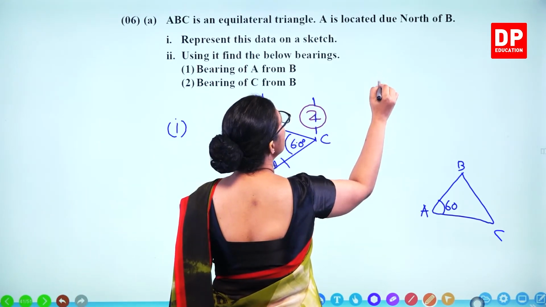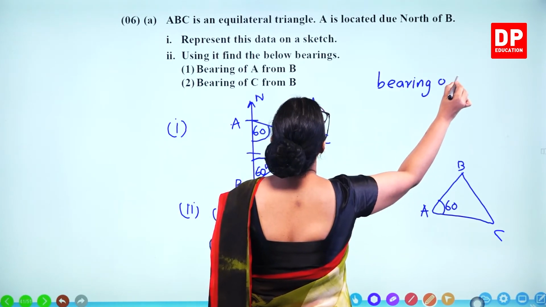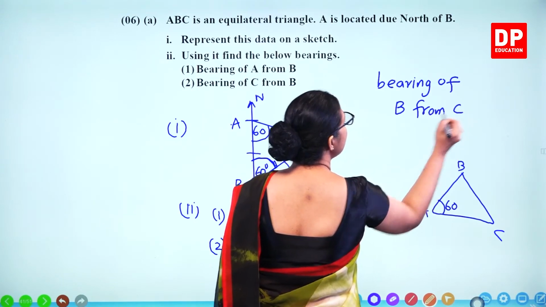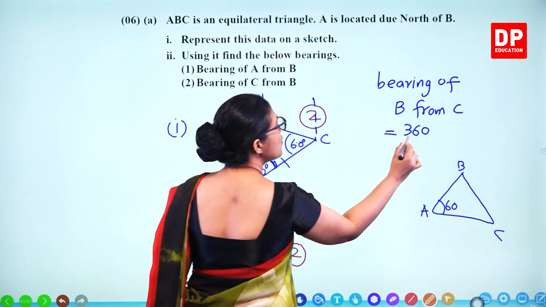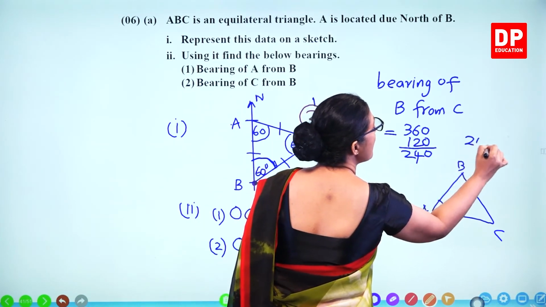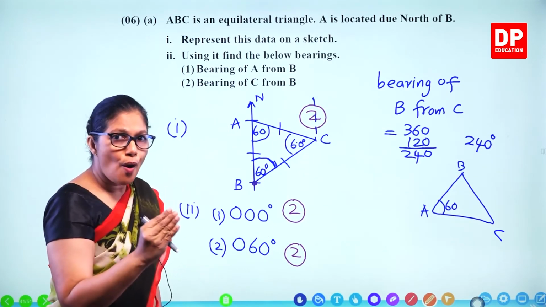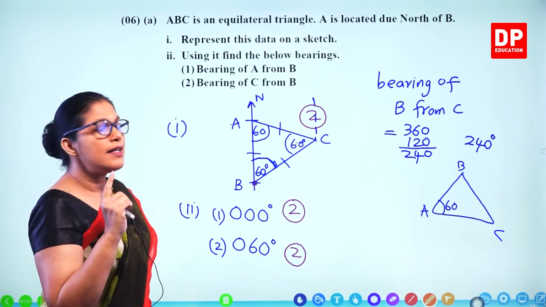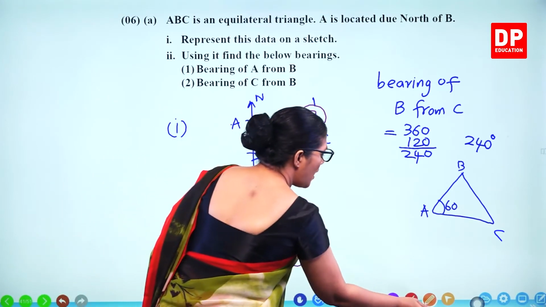So I'll do that for extra part. Bearing of B from C becomes 360 minus 120. So 240 degrees. So remember that when it says from something, you have to take that point and see the angle from north clockwise. Next part.